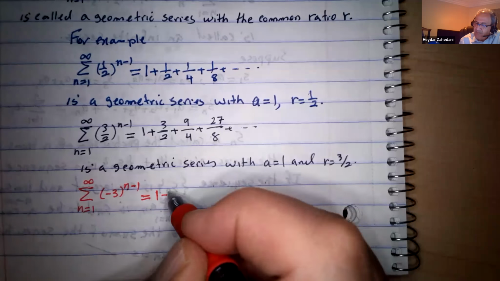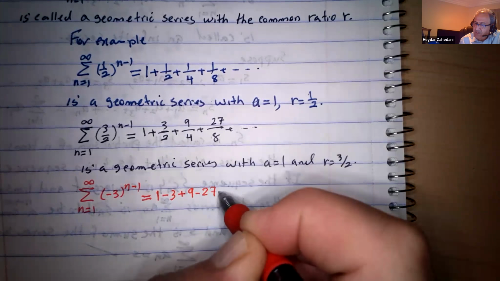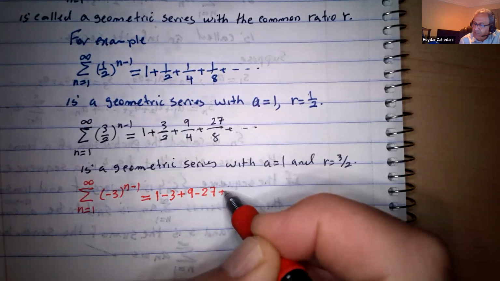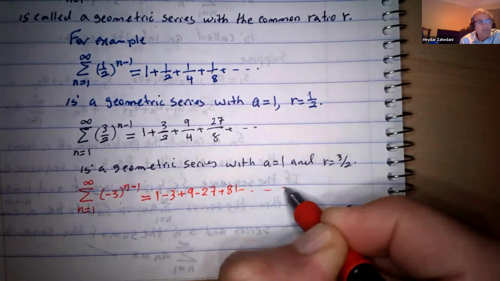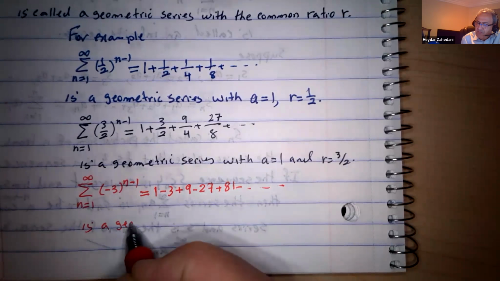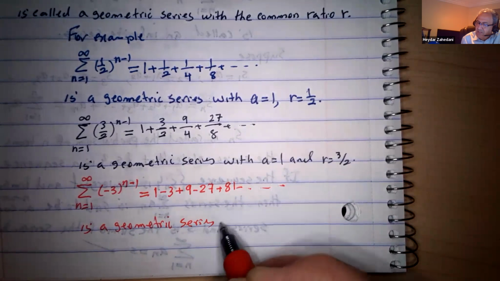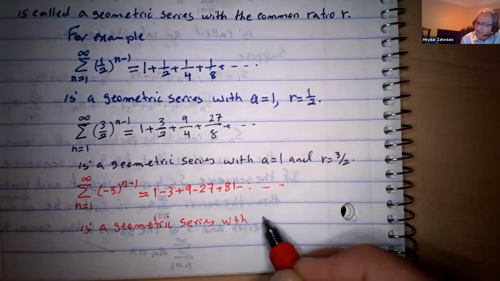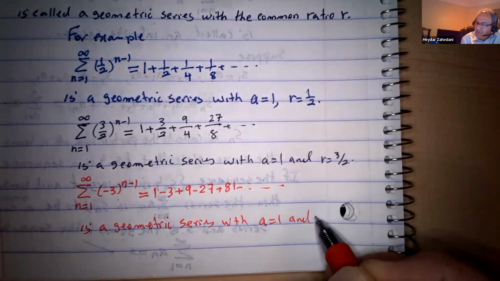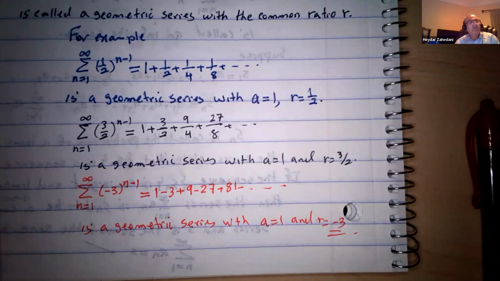Replace n by 2, that gives 1, minus 3, plus 9, minus 27, plus 81, etc. So this is a geometric series with the first term 1 and the common ratio of -3. So R can be a positive number, a negative number, bigger than 1, or less than 1. That gives you a geometric series.